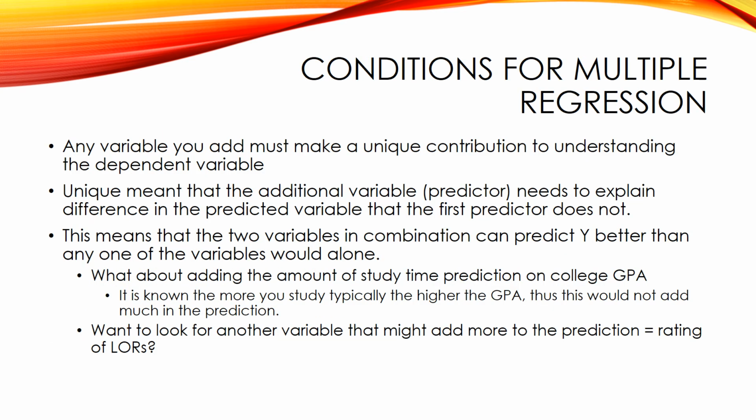So there are some conditions. The biggest condition that you really need is that your variables need to be independent of each other. They need to be correlated to college GPA, but you shouldn't really have, or I'll use the VO2 max, your age should be correlated to VO2 max.